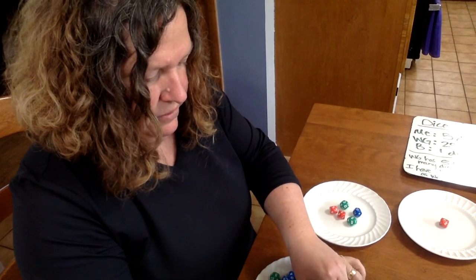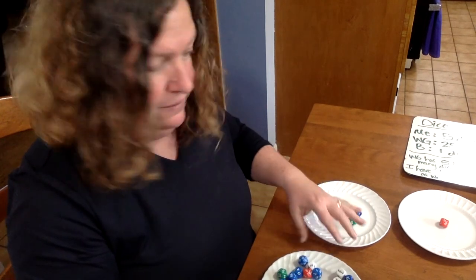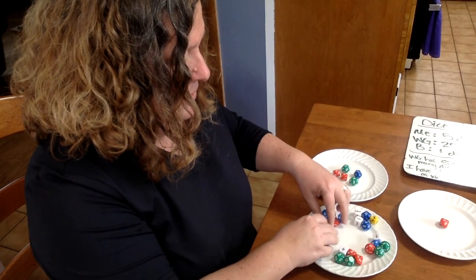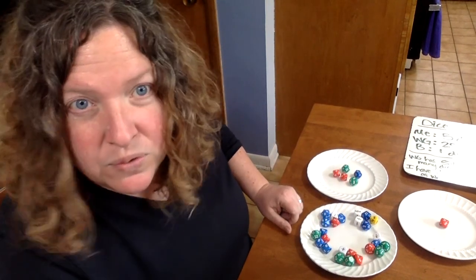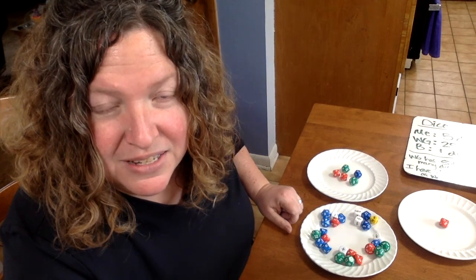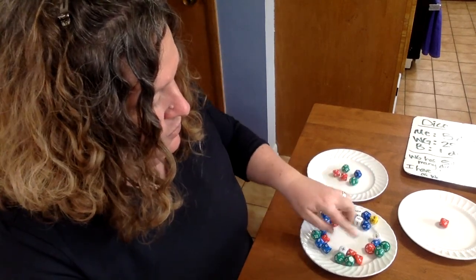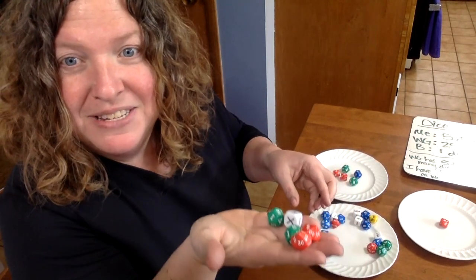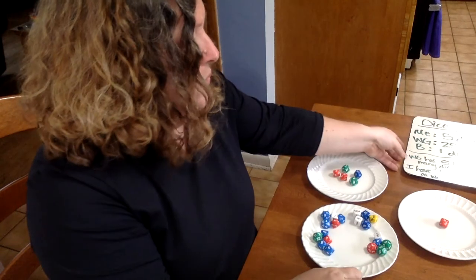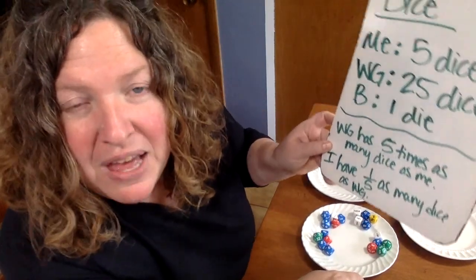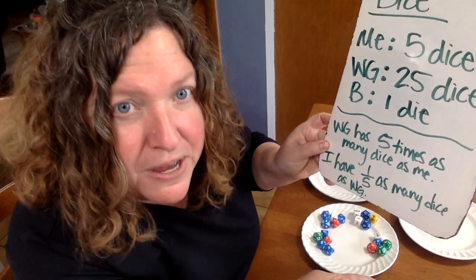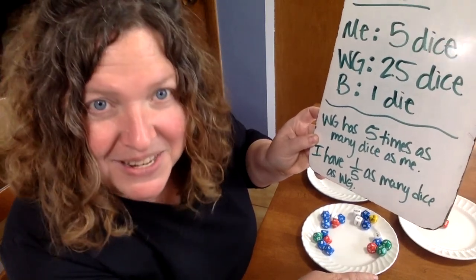There we go. If we made them into 5 equal groups, we're cutting them in fifths. So 5 equal groups, and 1 of those fifths is 5 dice, and that's what I have. So he has 5 times as many as I do. I have 1/5 as many as he does.